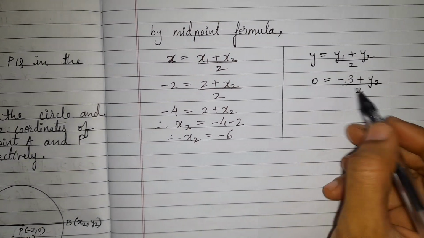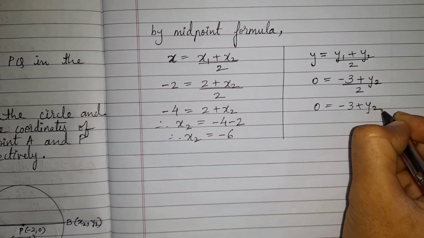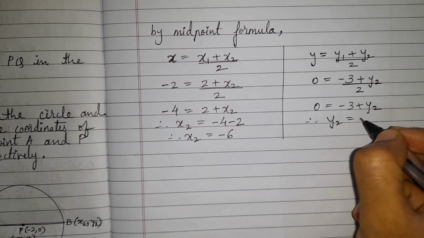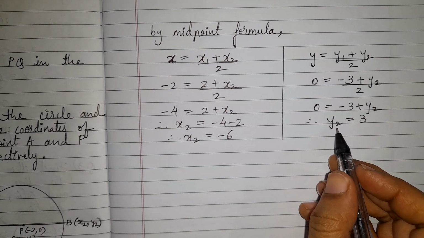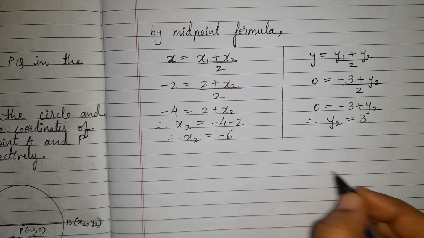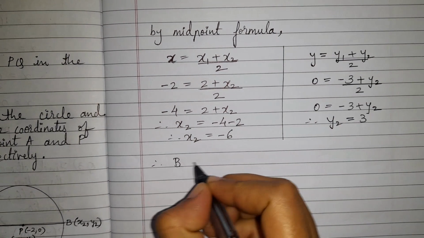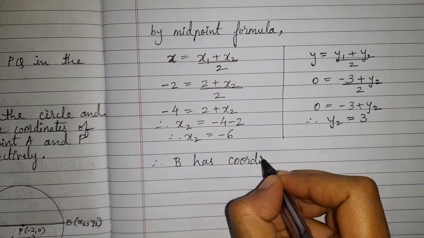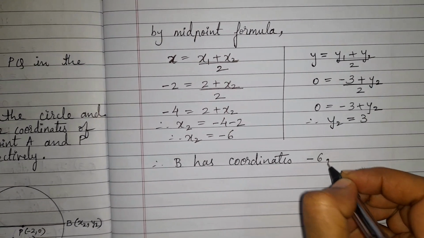Cross multiplication, 0 into 2 is 0 equals -3 plus y2. Therefore, y2 equals 3. The y coordinate of point B is 3. Therefore, we conclude B has coordinates (-6, 3).